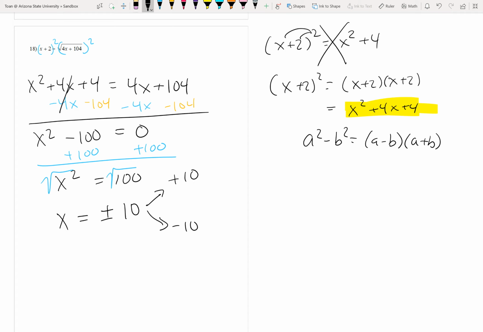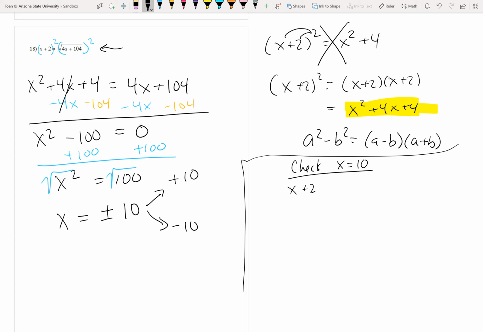And let's take a look at our original equation before the squares. Notice we have x's on both sides. Just like with absolute values, that usually means we must check our answers. So go ahead and check. When you check your answers, x equals 10, you have to check it into the equation before you squared both sides.